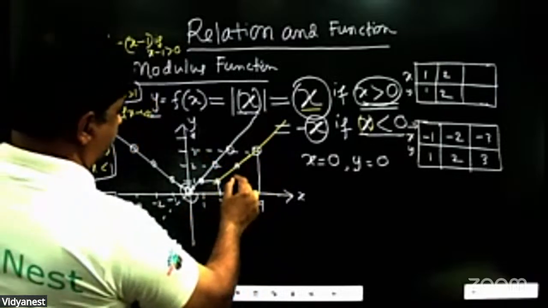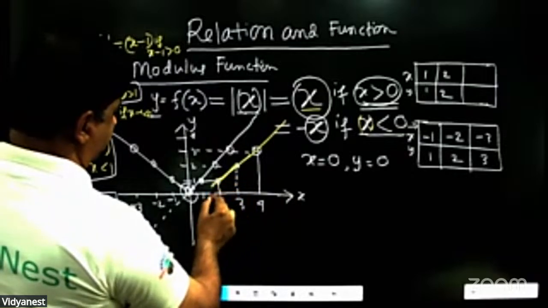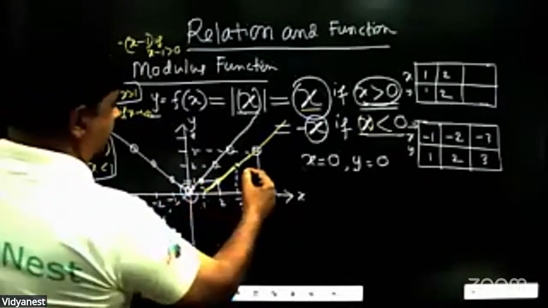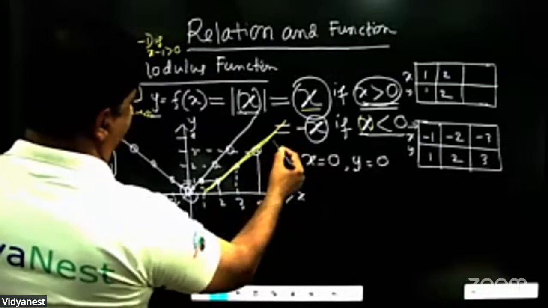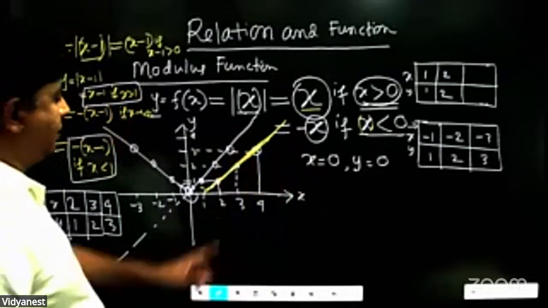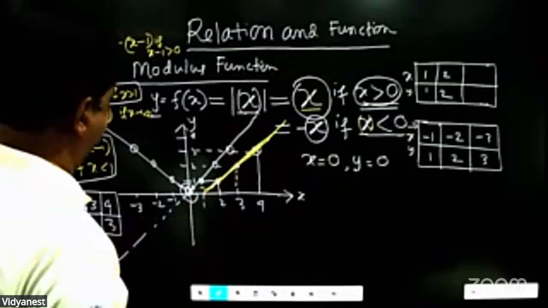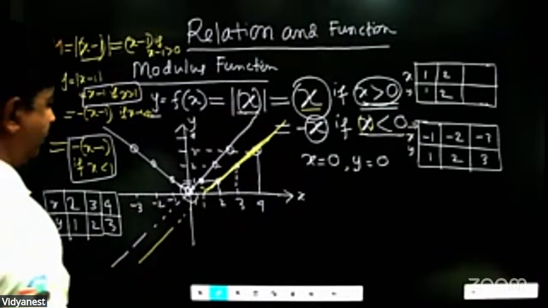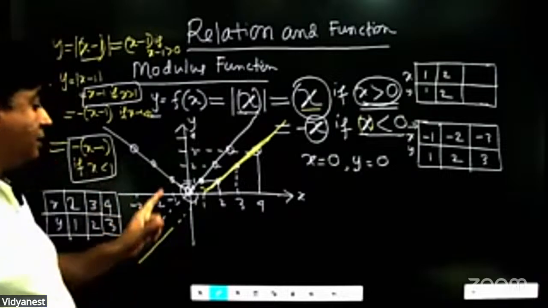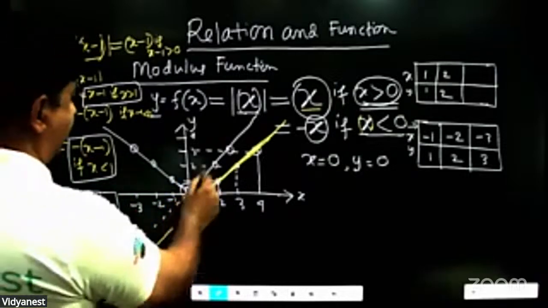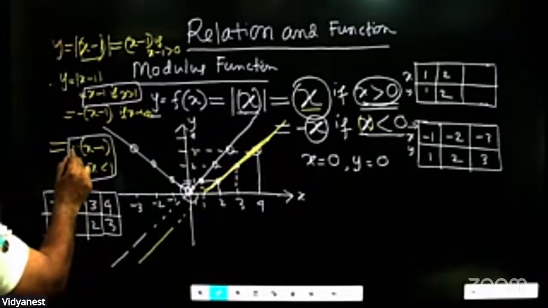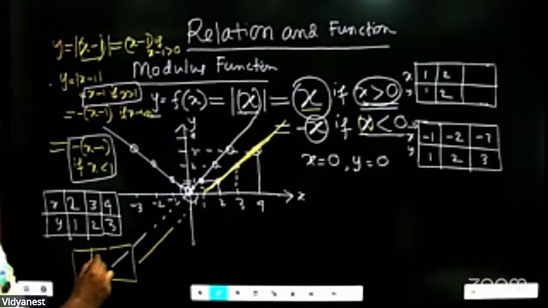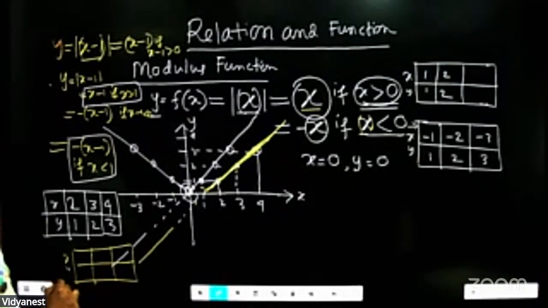See, it will be approaching 1, but not exactly 1. This line approaching 1. Now will it pass in this path? No. The same thing happened as just happened with mod x. You take this equation and make another table, where x is less than 1.